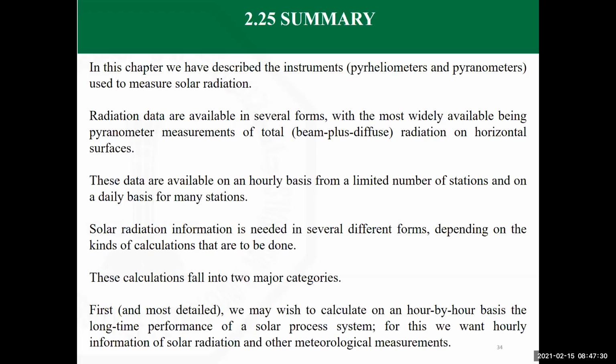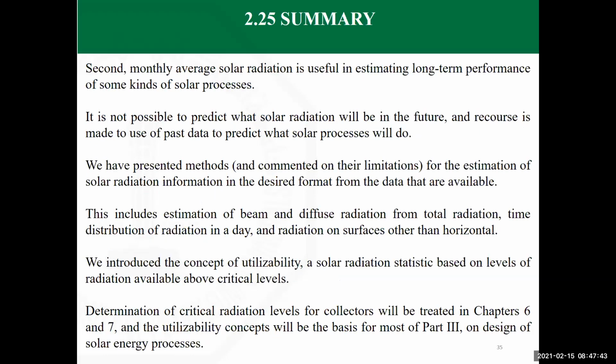We have different forms accordingly for solar radiation, and being able to change it from one form to the other is something that we have been discussing here in this chapter. The daily average values and the monthly average values are useful amounts of data that we need, and we are going to make use of these.